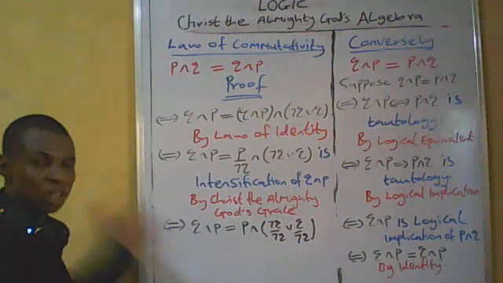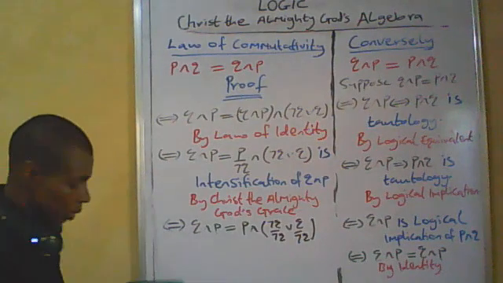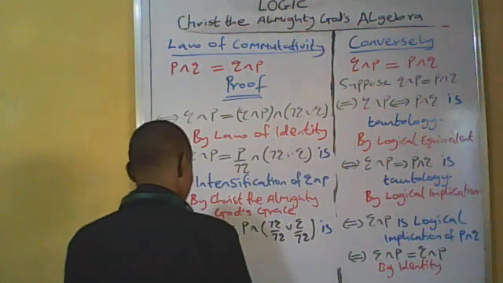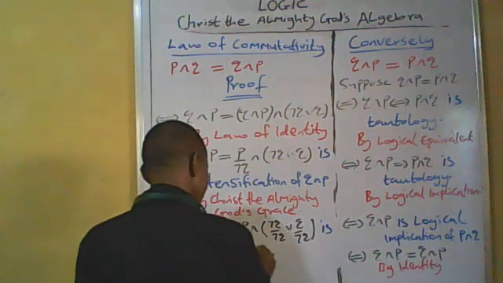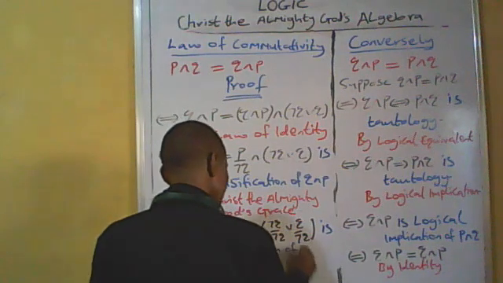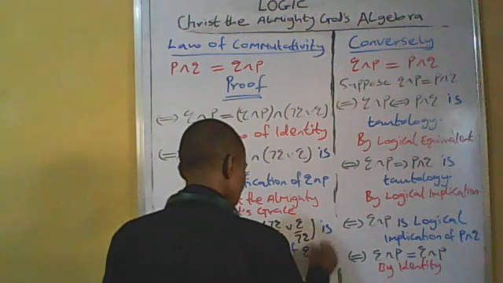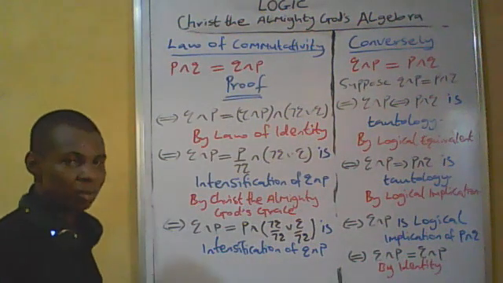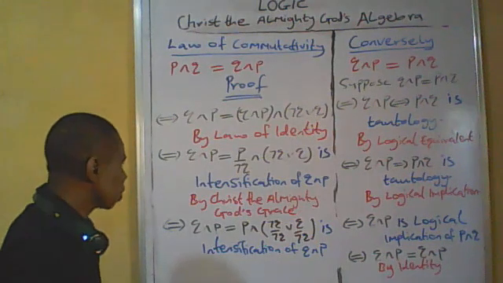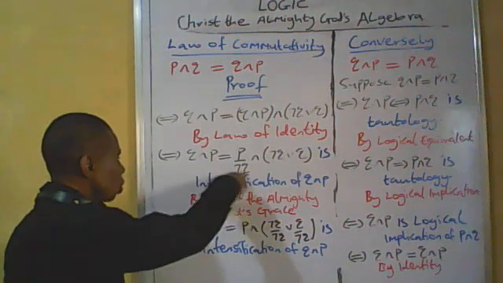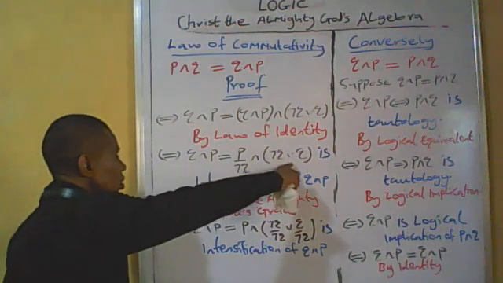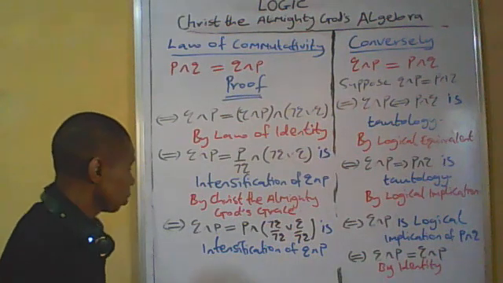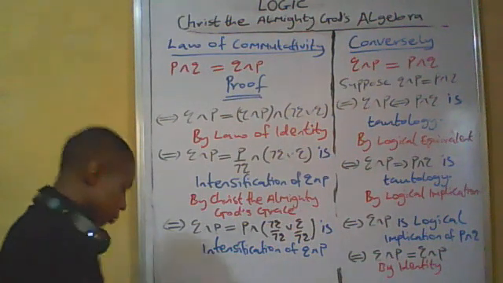And it's still an intensification of Q and P. We say that is an intensification of Q and P. So being justified by distribution of implication. It's the distribution of implication, that is, taking this implication not Q to the second conjunct of the statement.